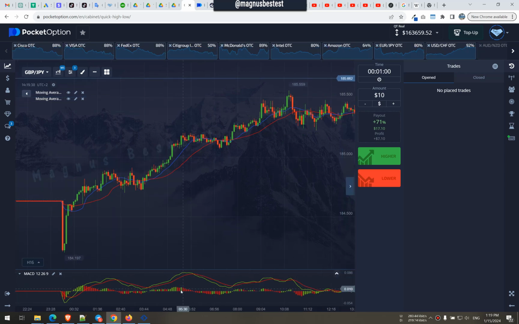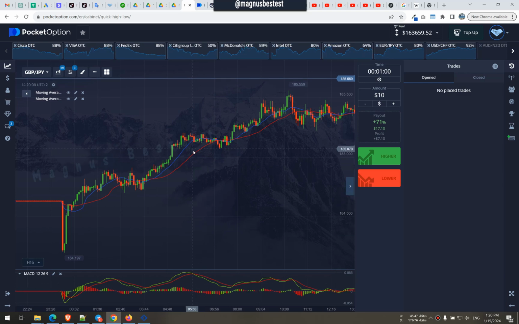Of course, when I'm talking about the distance between moving averages and the histogram size, I mean the moving averages in the MACD area, not these ones, okay? Because here you can see the distance is great, but the MACD line is actually just crossing, so the histogram size is 0.